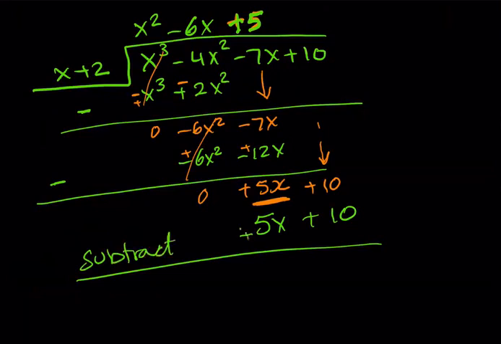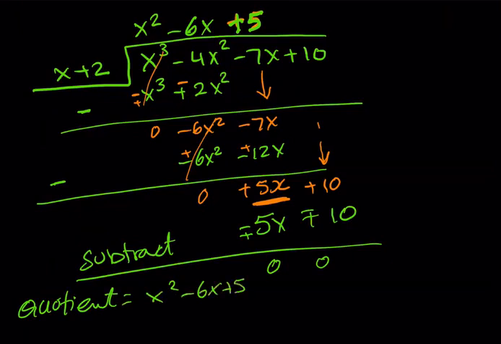So when we take away, we change the signs here because it's going to be 5 minus 5 is 0, and 10 minus 10 is 0. So basically here the quotient is x squared minus 6x plus 5, and the remainder is 0.